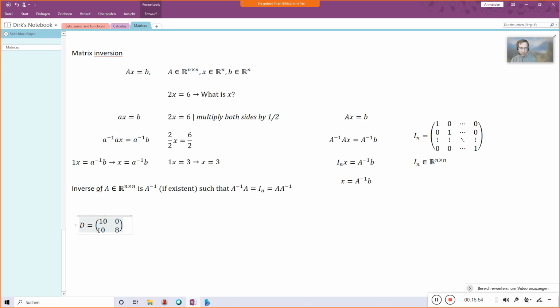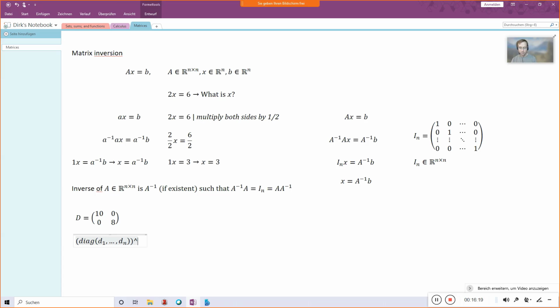So if D is a diagonal matrix, then, maybe we write it like this. So this is how you can in general write diagonal matrices. So this D1 to Dn are the diagonal elements, and diag says you should put them on the diagonal and everything else is 0.